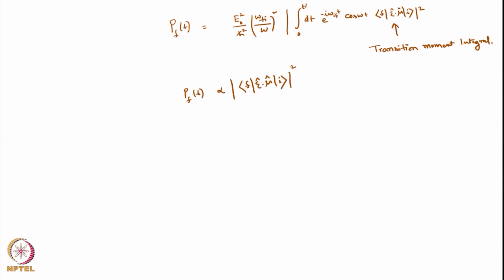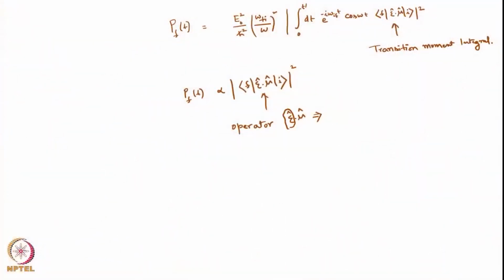In the transition moment integral, the operator E dot mu says that the dipole moment of the molecule or the atom, by the way, dipole moment is not same as the permanent dipole moment mu naught, is the dipole moment of the molecule, and epsilon is nothing but your electric field.